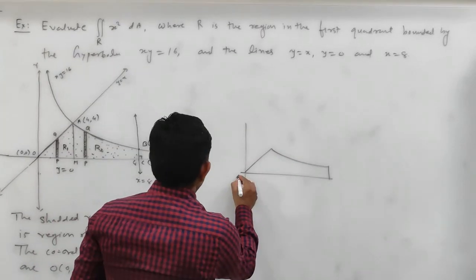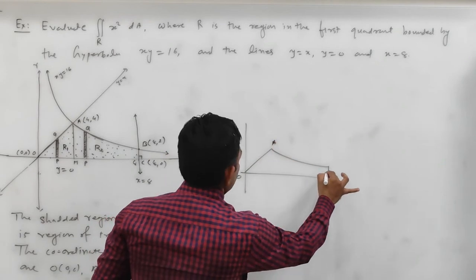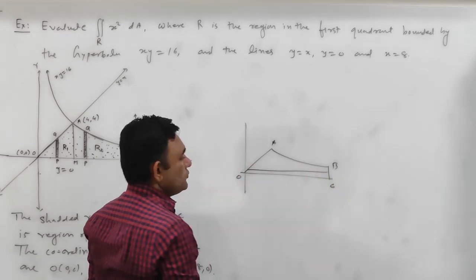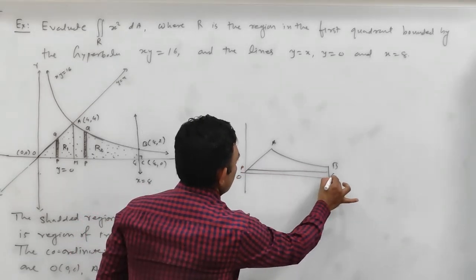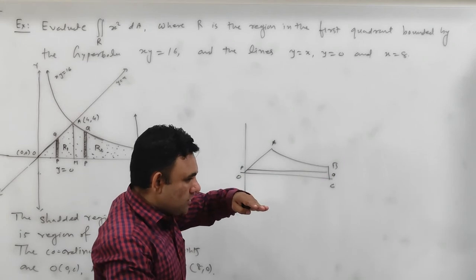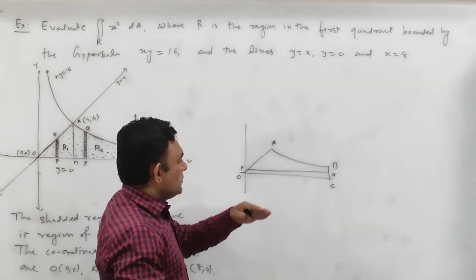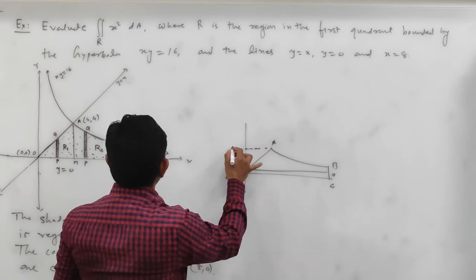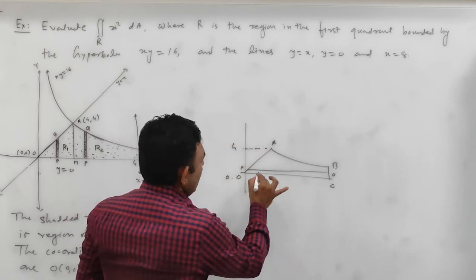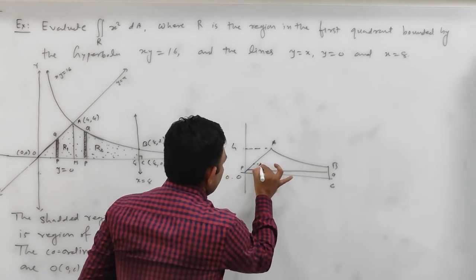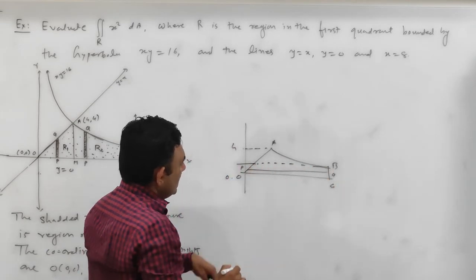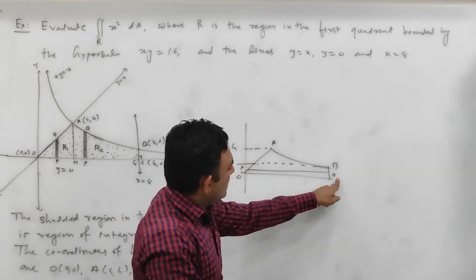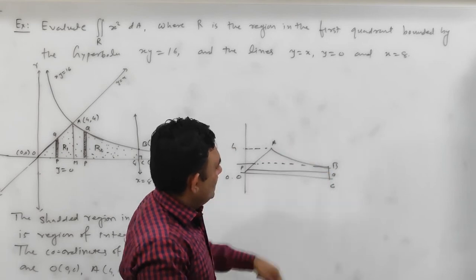This is my point O, this is point A, this is B and this is C. If I consider a horizontal strip, say PQ, then I have to move it vertically, from 0 to 4, the coordinates of A, then to this line B. After B, the right hand end of this strip will change the curve.